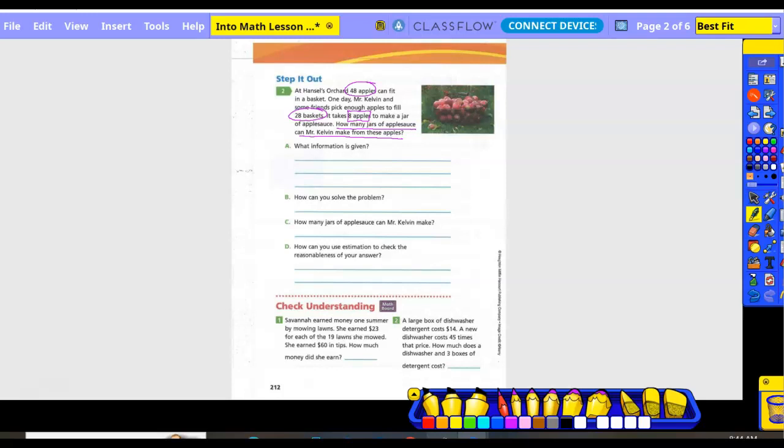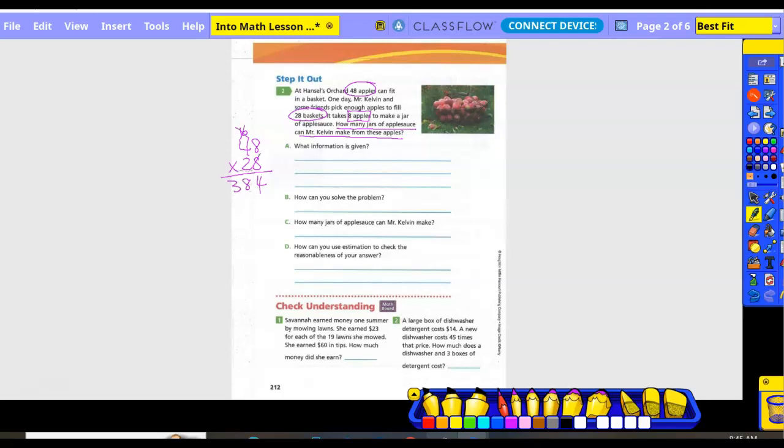48 times 28. So 48 times 28, I cover up the 2 like I can't see it. 8 times 8 is what? Is 64. So I put the 4 and carry the 6. 8 times 4 is 32 plus 6 is 38.